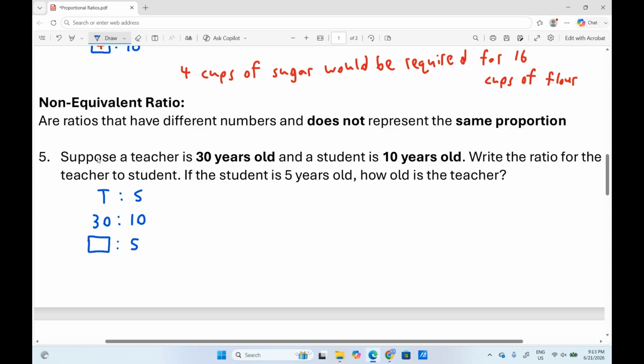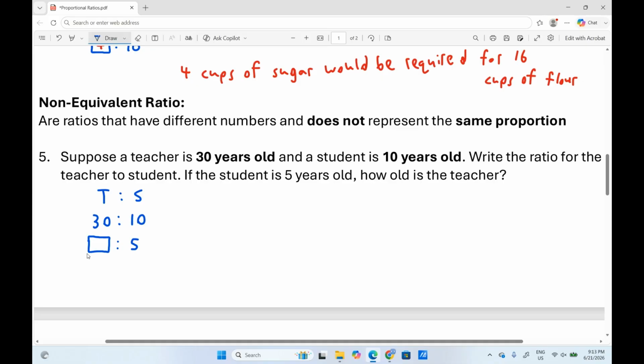You can already tell by the way the question is worded, this cannot be in proportion. If I assumed I can take 10 and divide it by 2 to get 5, I would do the same for the teacher. But 10 divided by 2 is 5, and 30 divided by 2 is 15. This doesn't make any sense. If a student is 5 years old, that same teacher could not be 15 years old.